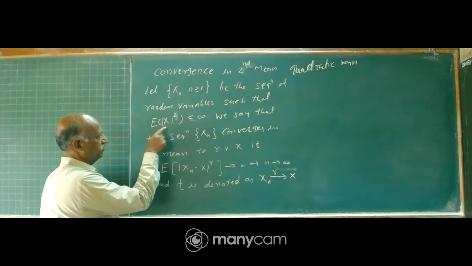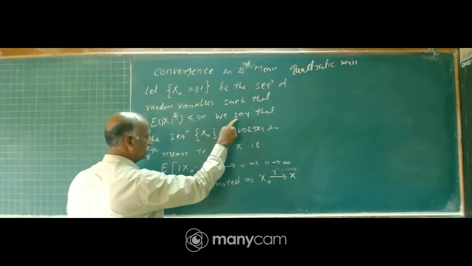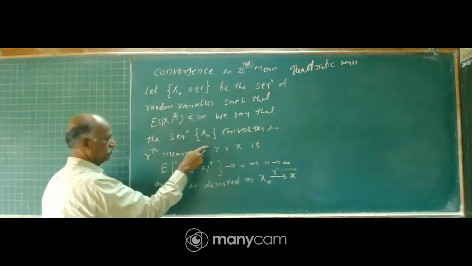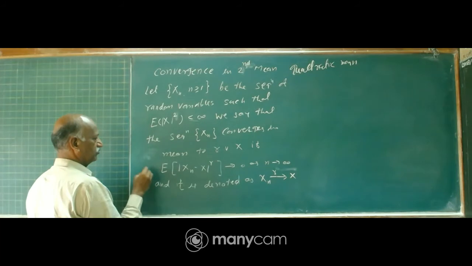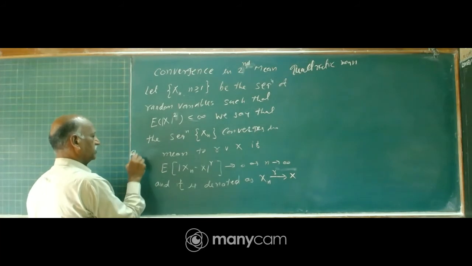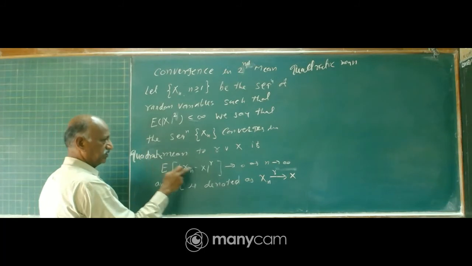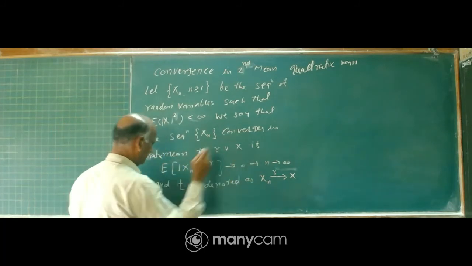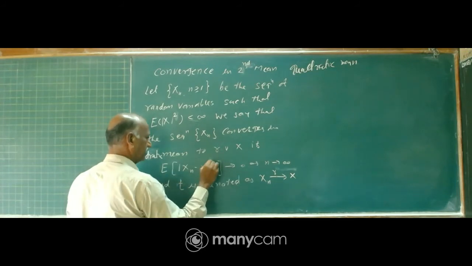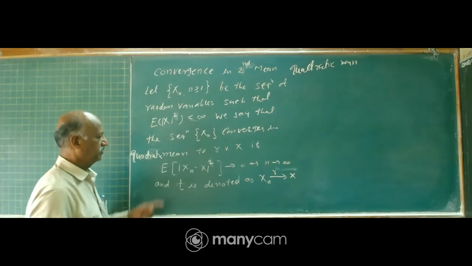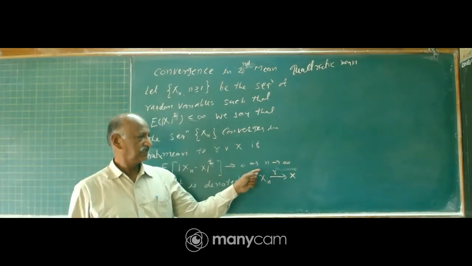Let Xn, n greater than or equal to 1, be a sequence of random variables such that the expected value of modulus of X raised to 2 exists, less than infinity, and we say that the sequence Xn converges in quadratic mean to a random variable X if the expected value of Xn minus X raised to 2 converges to 0 as n tends to infinity.